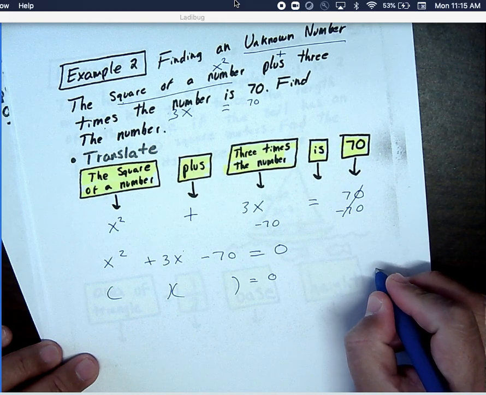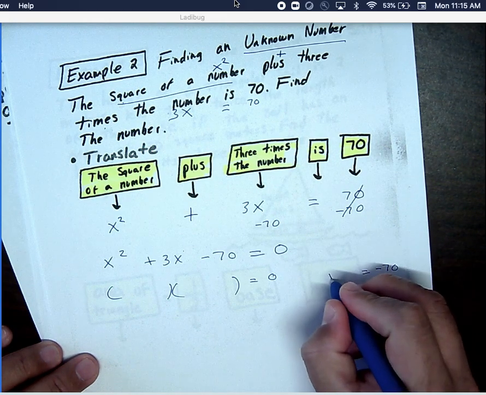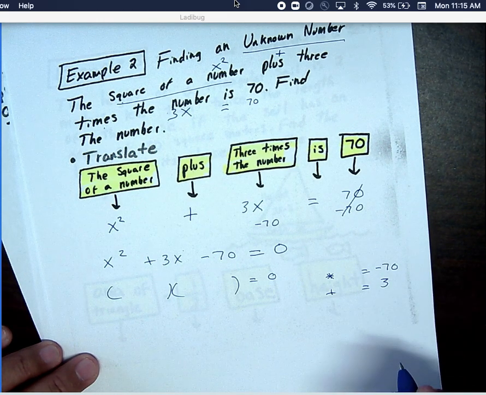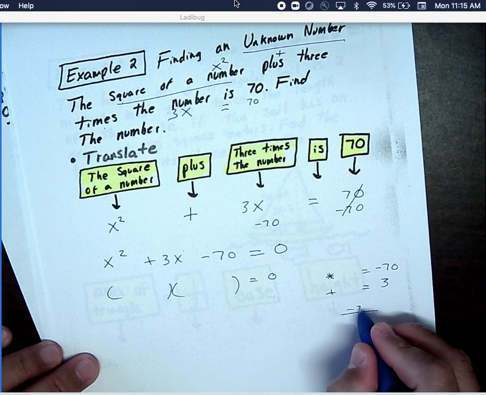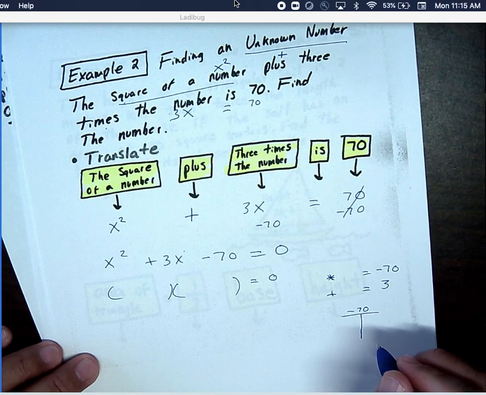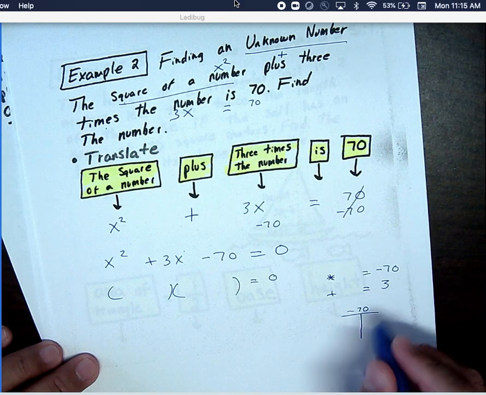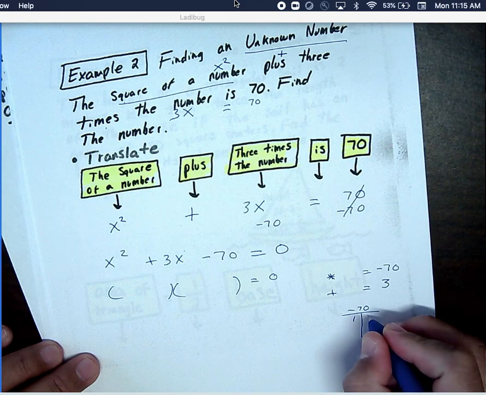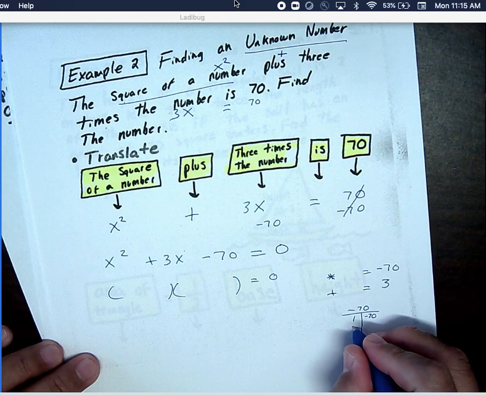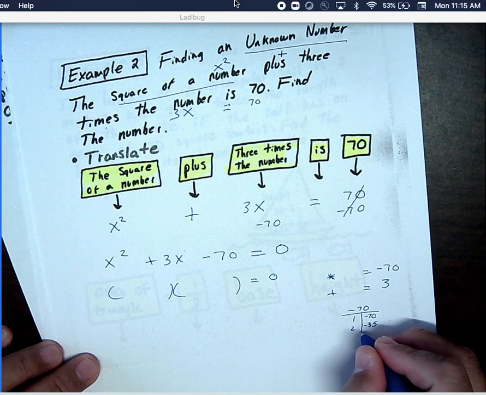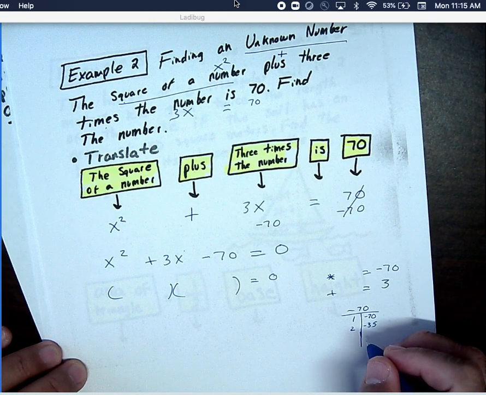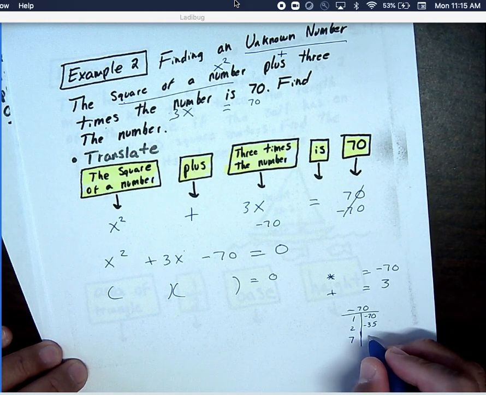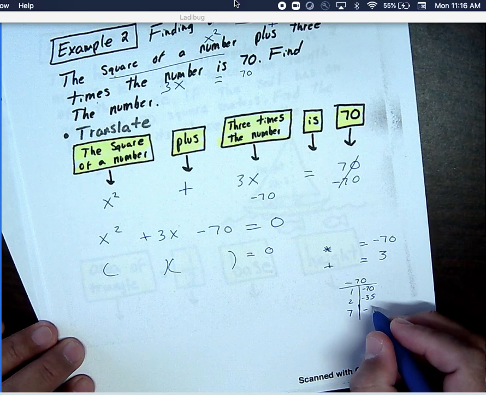So negative 70, so two factors that equal negative 70, and add to positive 3. So we want to find those factors. 1 times negative 70 won't work. 2 times negative 35. And then, so I think it would be 7 times 10, so that I don't take up too much of the time here in the video.